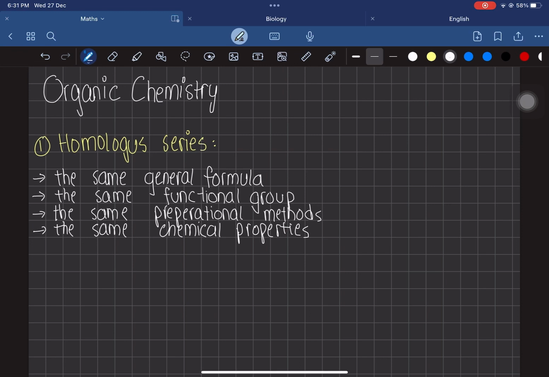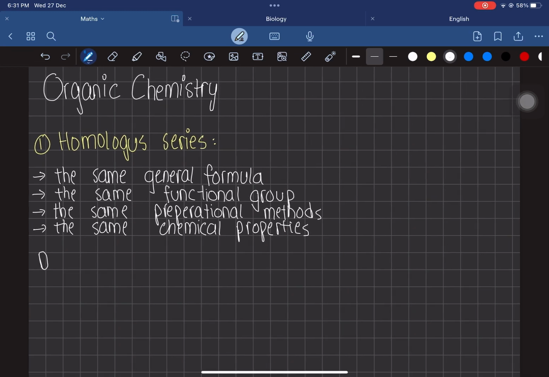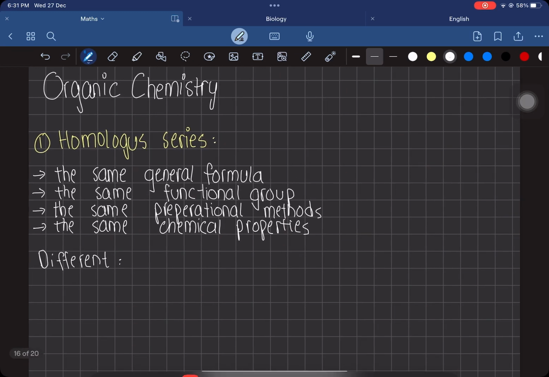Now what's different about a homologous series? What's different? So remember, 2 consecutive homologous series differ by CH2.